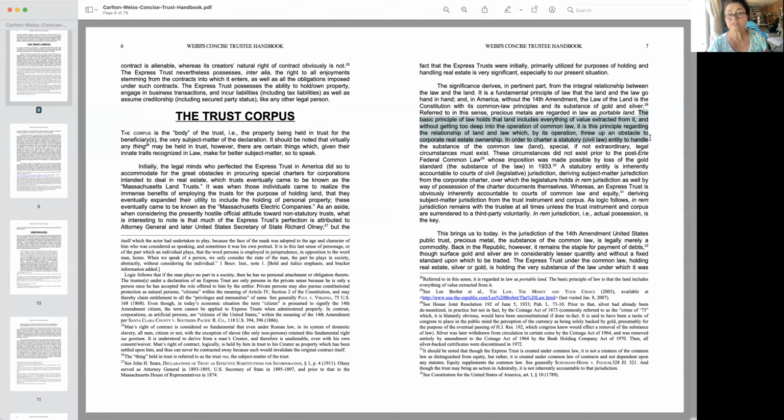In order to charter a statutory civil law entity to handle the substance of the common law, land, special, if not extraordinary, legal circumstances must exist. These circumstances did not exist prior to the post-Erie federal common law, whose imposition was made possible by the loss of the gold standard, the substance of the law, in 1933.